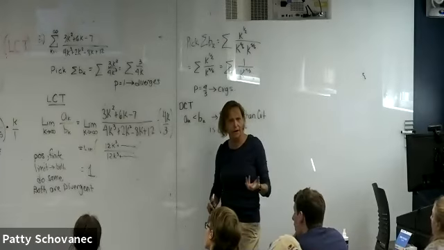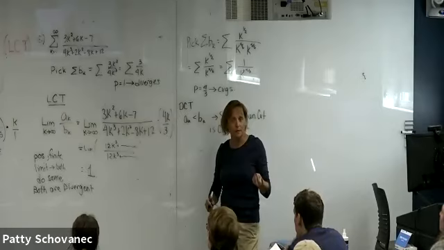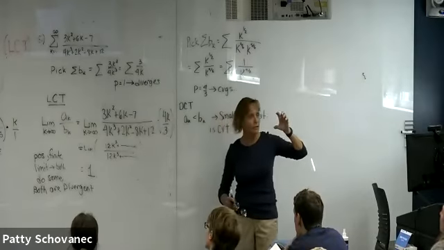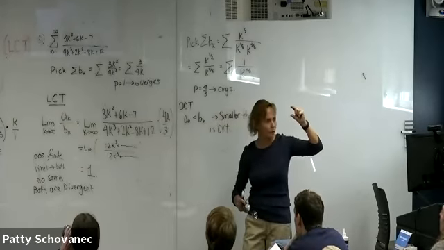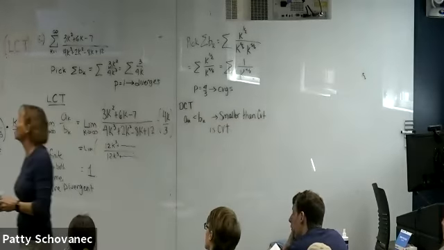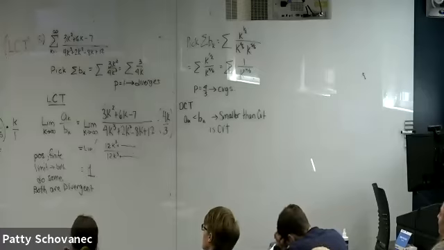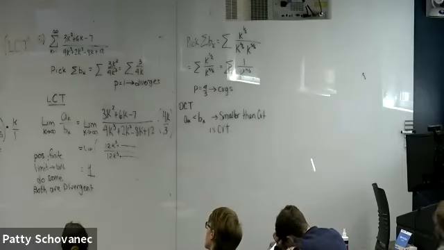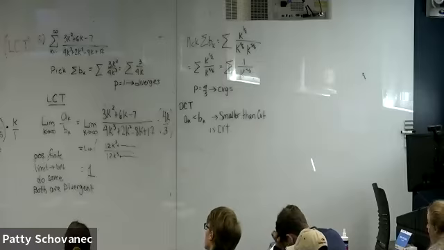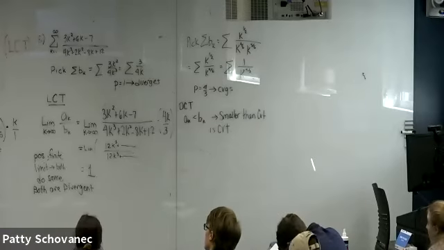Cosine squared is always positive and no larger than 1, right? Cosine lives between 1 and -1, so cosine squared lives between 0 and 1. So this is no larger than 1. So in my comparison series, I'll just put a 1 right there, and keep this and this.